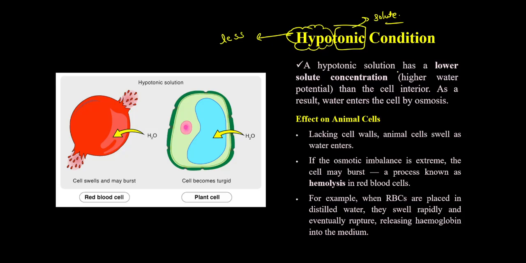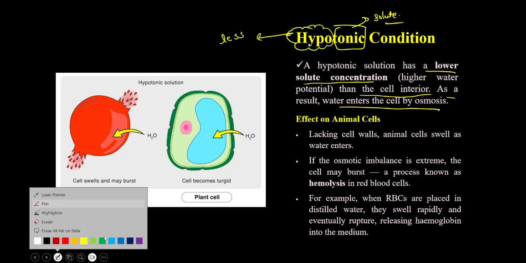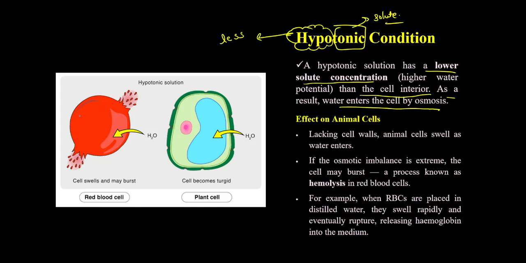A hypotonic solution has a lower solute concentration than the cell interior. As a result, water enters the cell by osmosis. Okay, so we can write here: less solute outside, and inside the cell more solute is there.